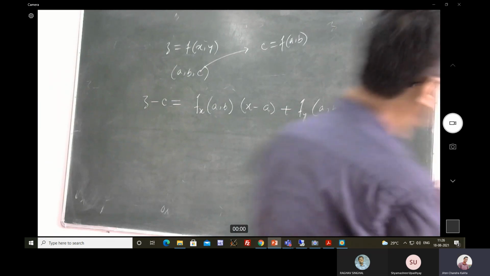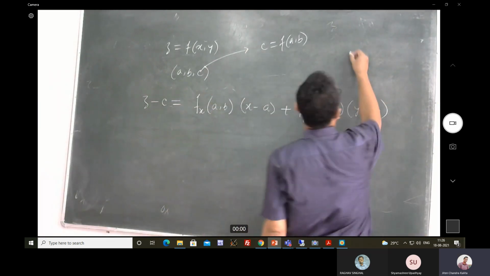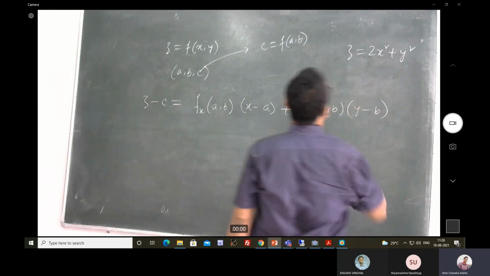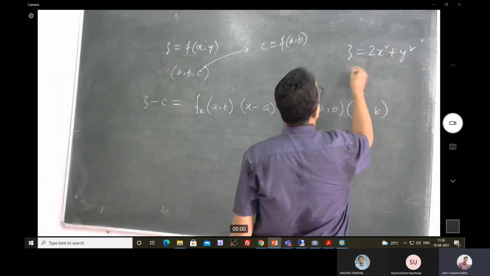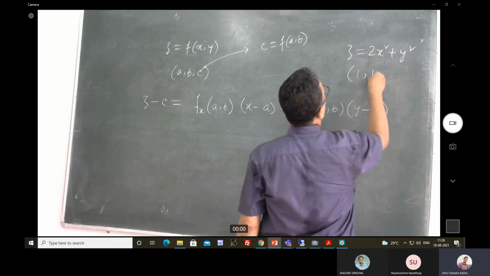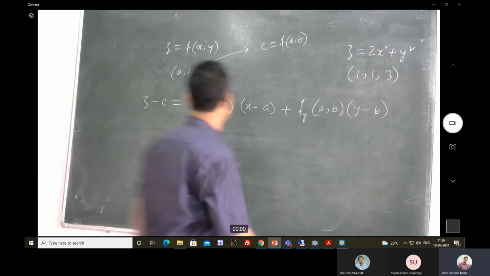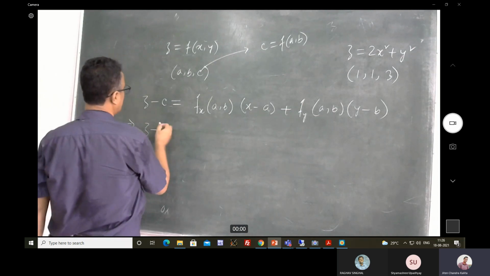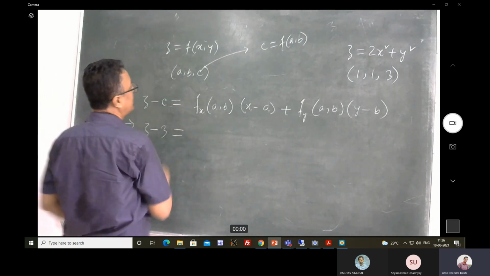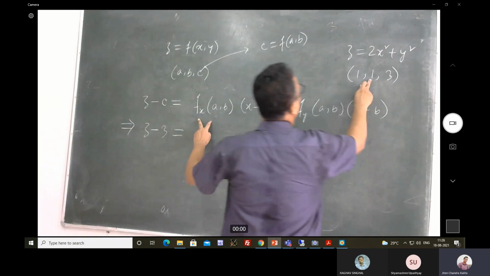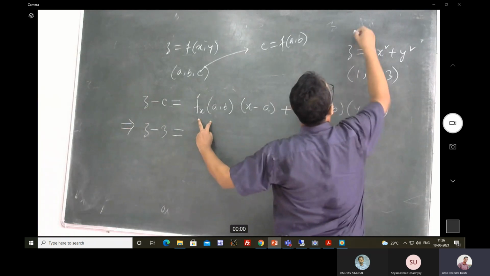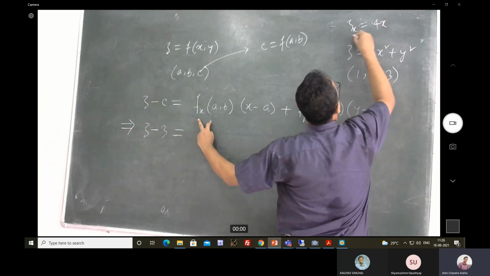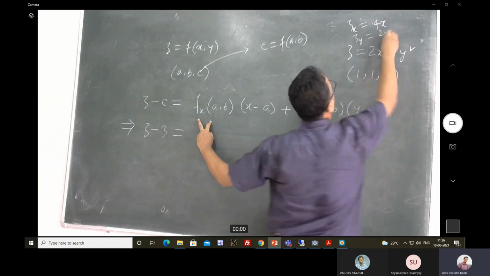Now, let me consider one example here. Okay, the same problem that I have shown you. Say z equal to 2x squared plus y squared, and suppose I'm trying to find the tangent plane at the point (1, 1, 3). Okay, so then obviously this is going to be z minus 3, and you know that zx or fx is 4x, and zy is 2y, right?